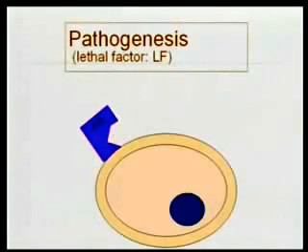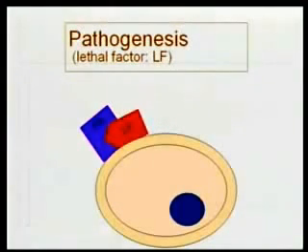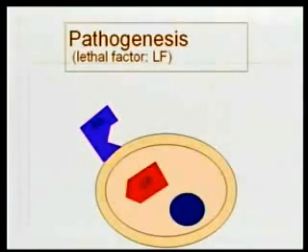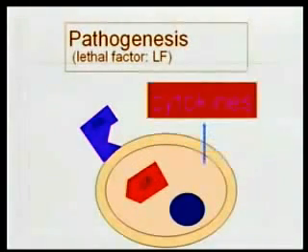It binds, it creates a site, slightly different in configuration of course, and this site will bind lethal factor. And once lethal factor has bound, it is going to be internalized into the cell, and there what it does is activate transcription and production of a variety of inflammatory cytokines.